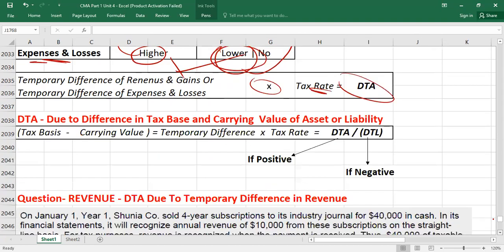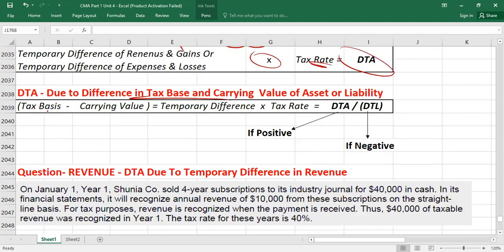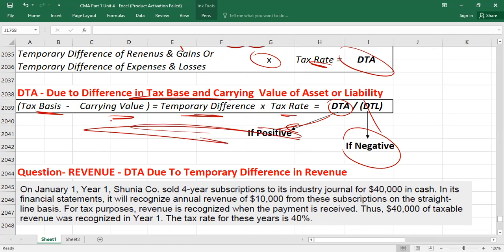We can also do it with the asset liability approach: tax base minus carrying value of asset or liability equals temporary difference, multiplied by tax rate. If the answer is positive, it will be deferred tax asset. If it is negative, it will be deferred tax liability. Understood? Clear? It is the same equation. Positive asset, negative liability.